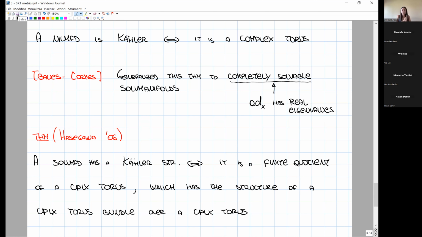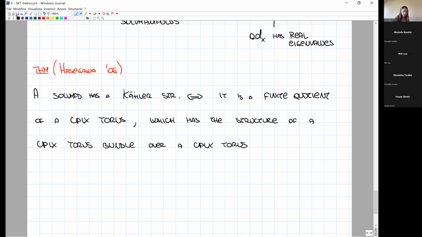Because nil manifolds are not Kähler unless they are tori, and solv manifolds, when they are Kähler, have this very special construction. Okay, so in particular, if we are interested in finding examples of SKT metrics, nil manifolds and solv manifolds are a good place to look for these metrics. Okay.